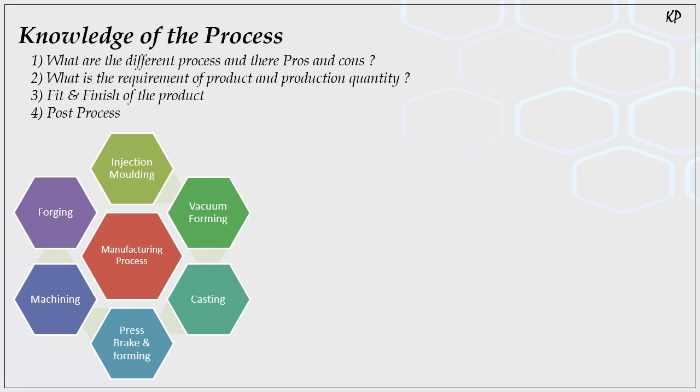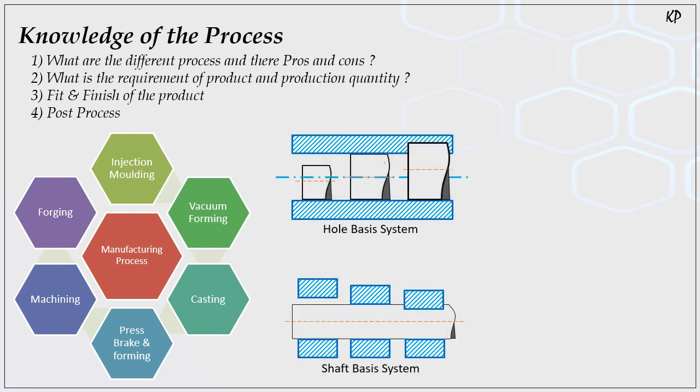While deciding on this particular manufacturing process, you have to consider which kind of fit and finish you require. If you have your product assembly with you, whatever kind of fitment you are going to do, you have to decide before you select the manufacturing process.